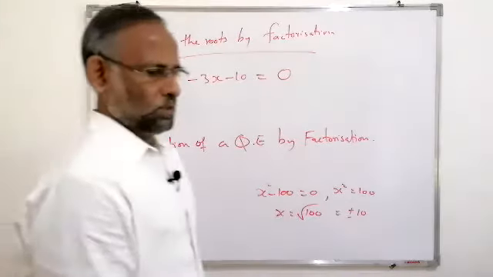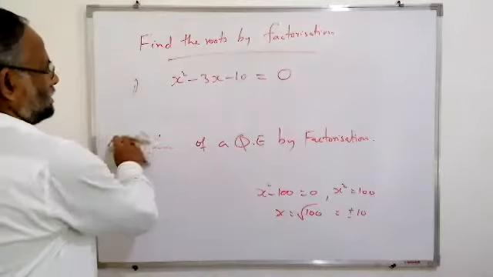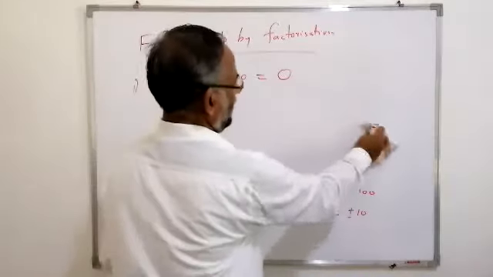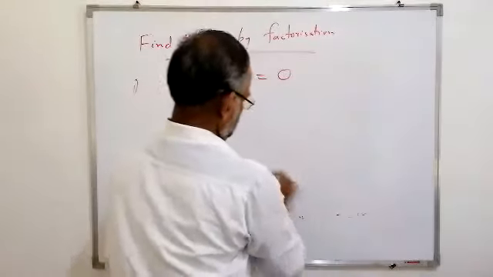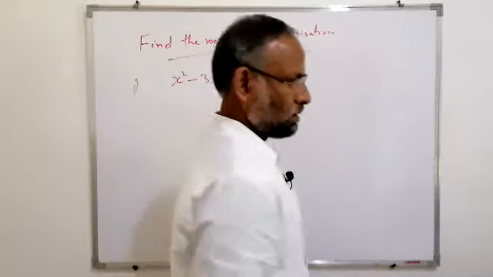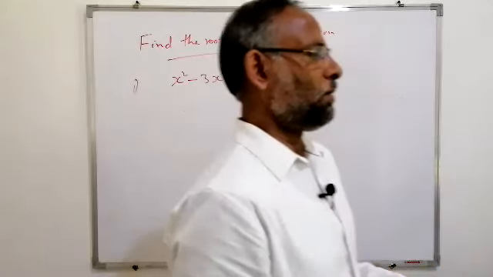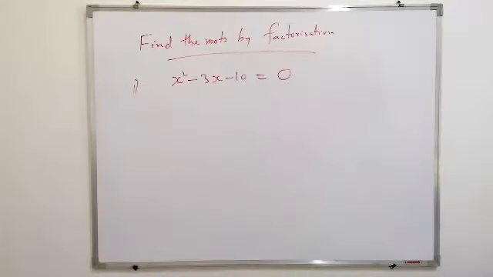I think you can do this one, no need of my help. Try to do, I will help you. Like a polynomial, split the middle term, we can do factorization. Do fast, only 8 minutes are remaining. I will wind up on time.